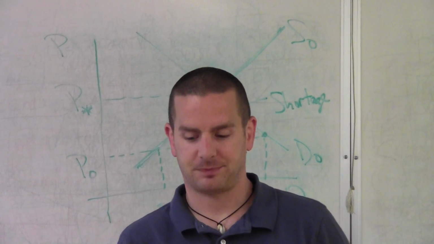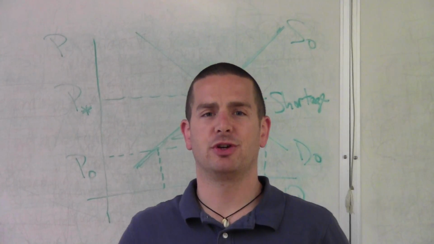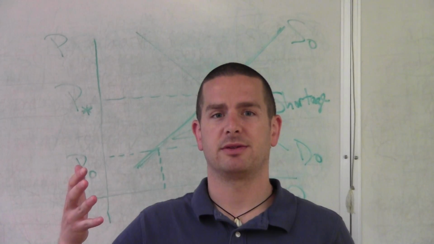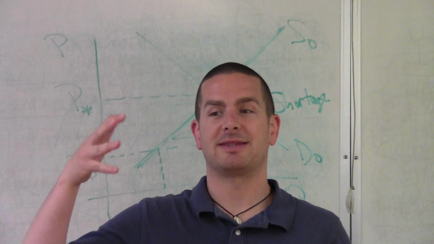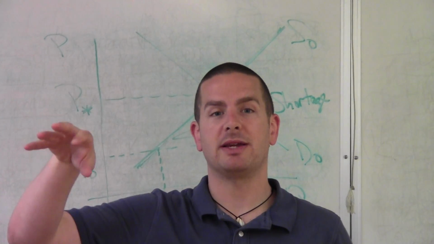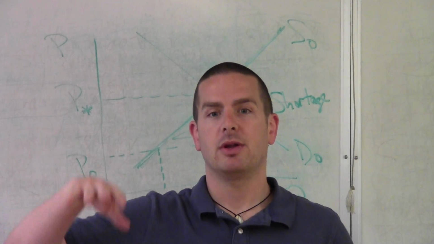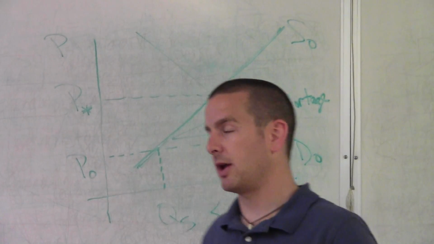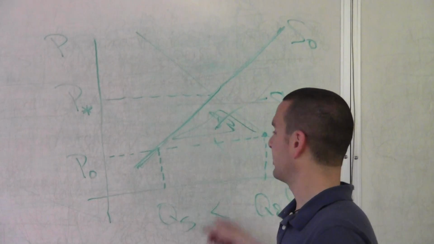That good is relatively abundant, so it's less valuable, and the price will go down until it hits the equilibrium clearing price.